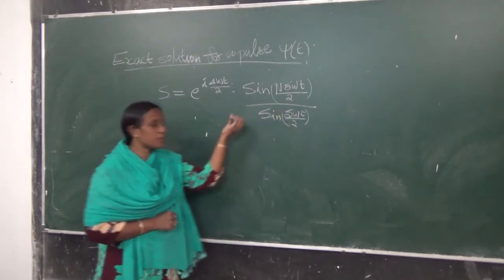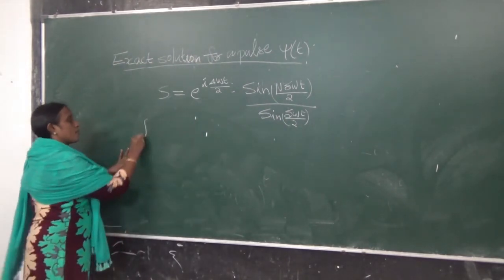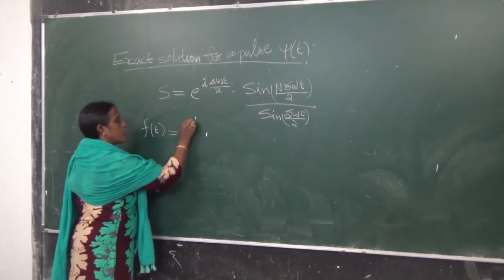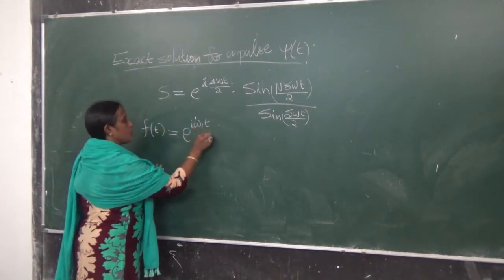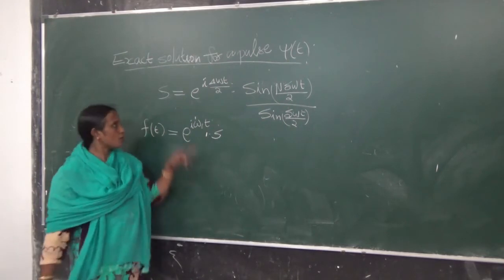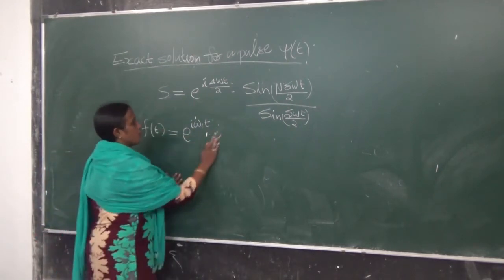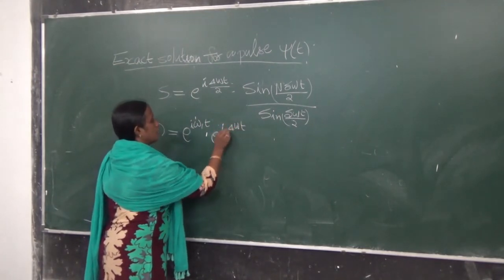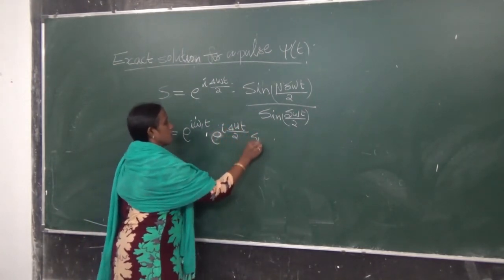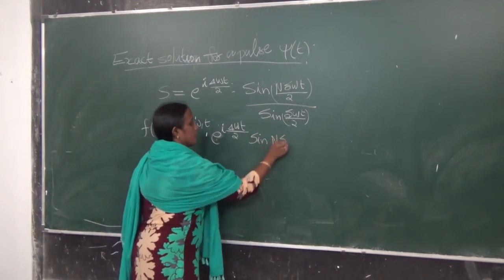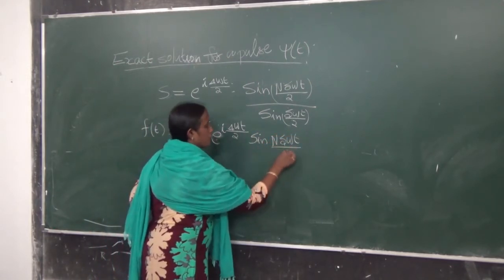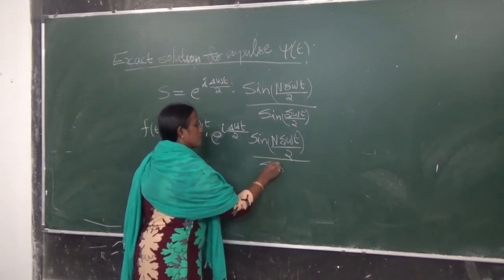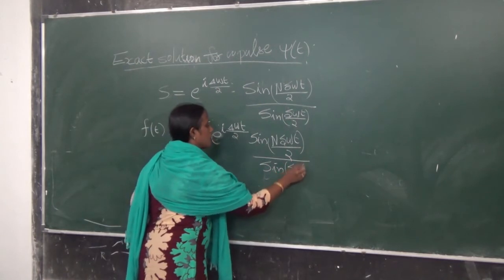Now we can substitute this in our f of t. f of t is equal to e raised to i omega 1 t into S. So substituting for S, you get here e raised to i delta omega t by 2 into sin n delta omega t by 2 divided by sin delta omega t by 2.